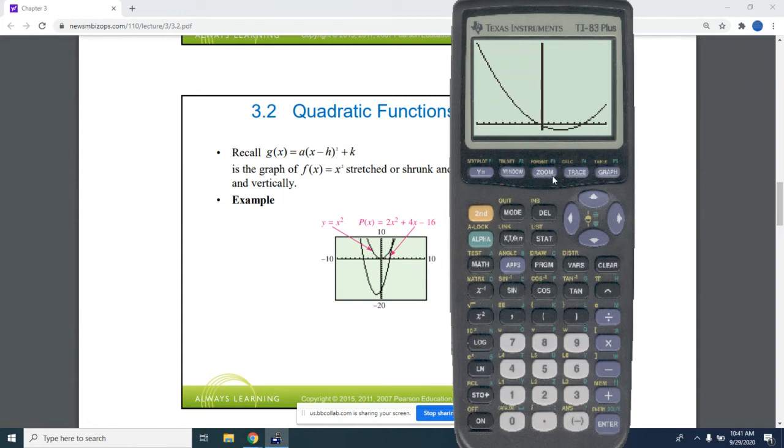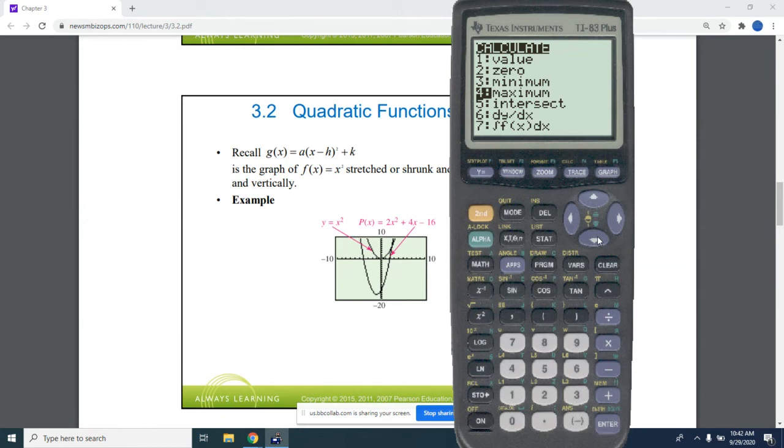Once we have the graph on our screen, we're able to see the vertex. I'm going to go into calculate, so I'm going to hit second and trace, which is calculate. Now notice I don't see a vertex function, but what I do see is minimum and maximum. If you look back in your notes, we talked about a minimum and a maximum graph.